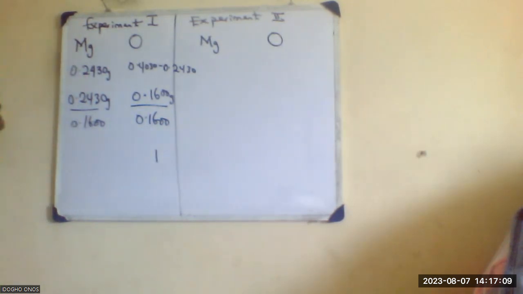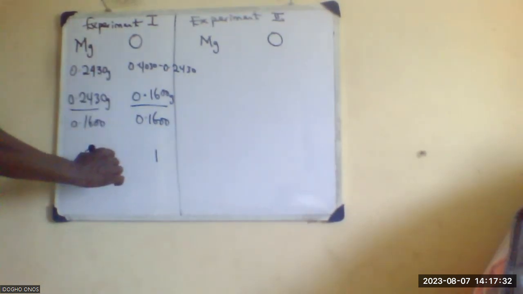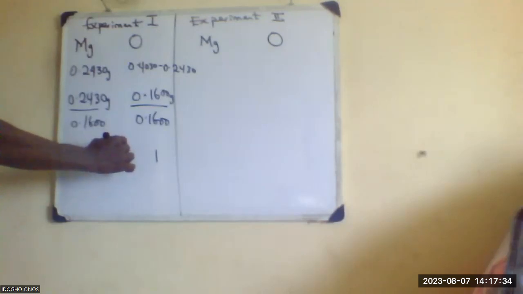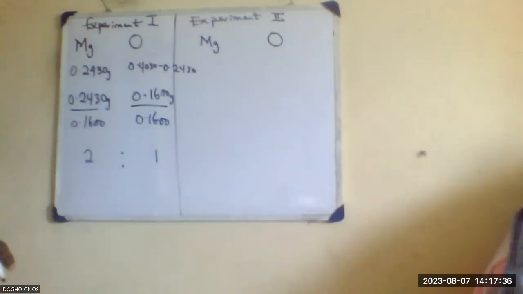And this, with the calculator, 0.2430 divided by 0.1600, should be 1.5187. Maybe we can leave it to the nearest whole number. That should be 2. So the ratio is 2 to 1.